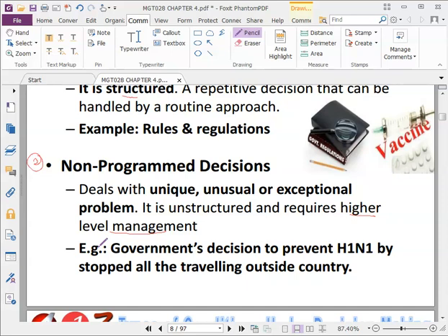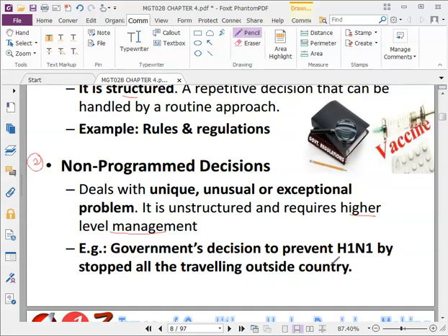Okay, so that is the non-program decision. Okay, sama lah kita kena PKP dulu, kita tak boleh nak pergi, okay, kita tak boleh keluar daripada tempat kita ke negeri lain, ke daerah lain. So that is the non-program decision that was decided by the government because of some problems that is very rare problem, okay, kita tak pernah pun hadapi situasi tersebut, okay, unik, okay.